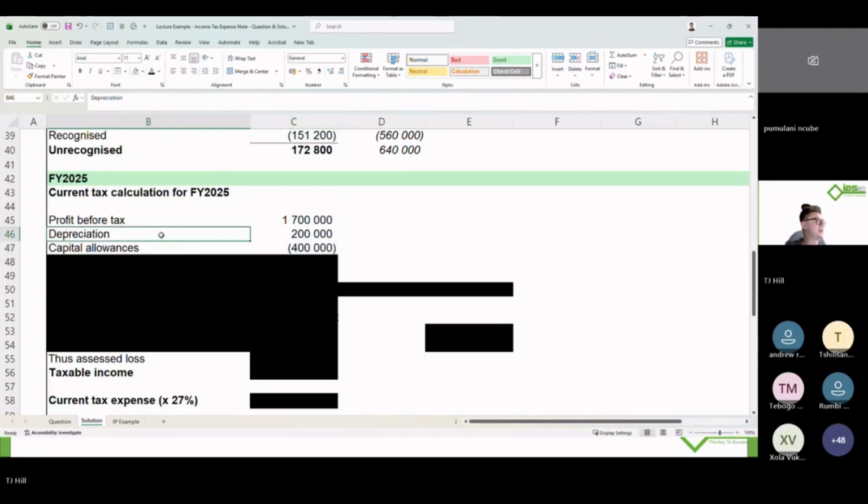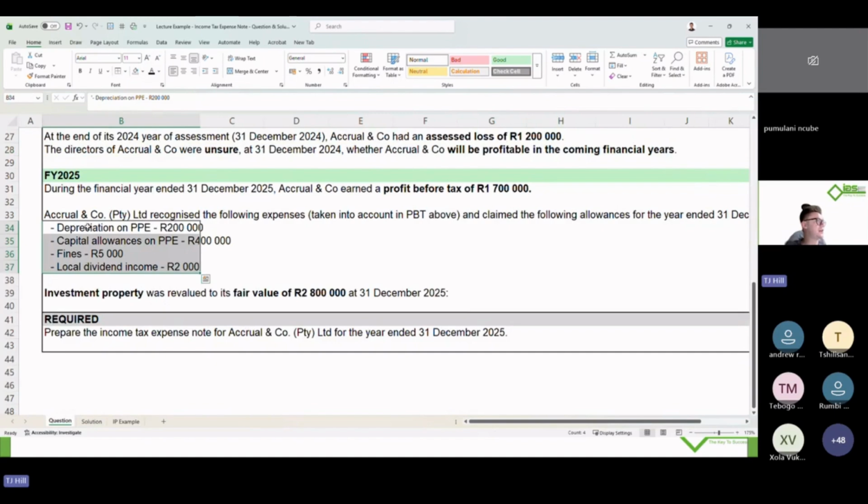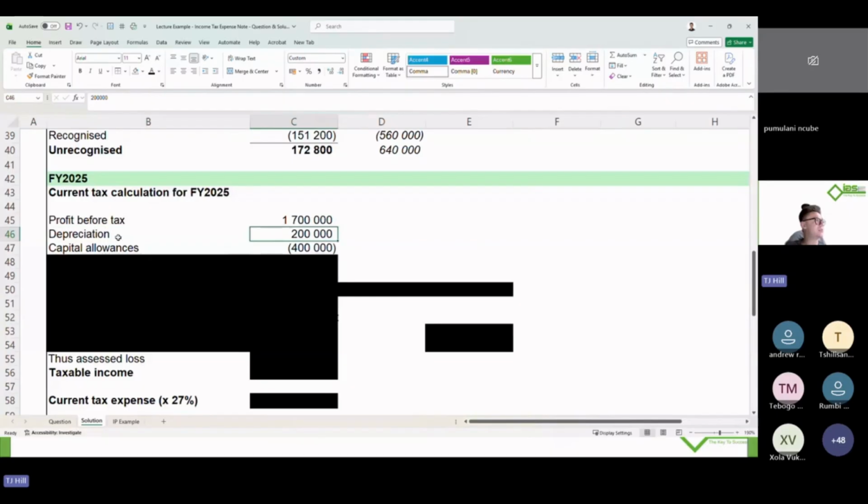They told us here what are the expenses that have been incurred and claimed, etc. We've claimed or expensed depreciation and claimed capital allowances. Now, depreciation is an accounting number. The tax version of that is the capital allowance. So I'm going to add back the depreciation and I'm going to deduct my capital allowances.